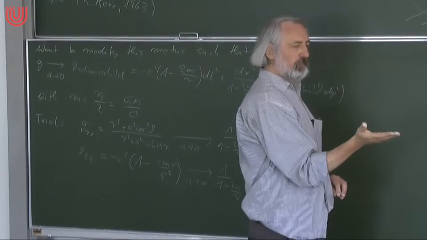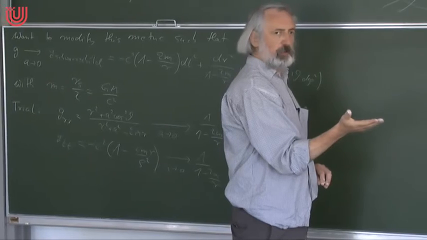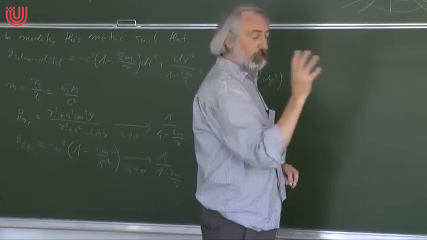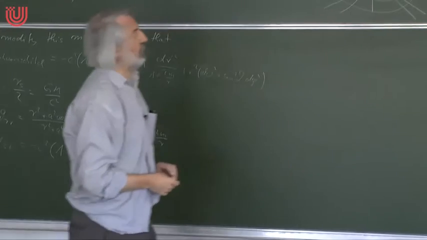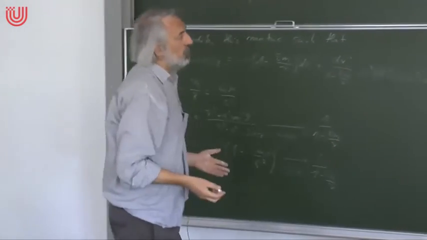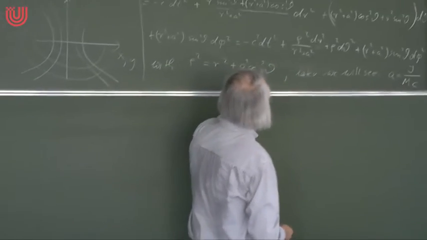So there would be cross terms. The t lines would no longer be perpendicular to the surfaces t equal constant. So we would expect that we have to introduce a twist term in order to describe a rotating object. And we write one in addition to this expression.